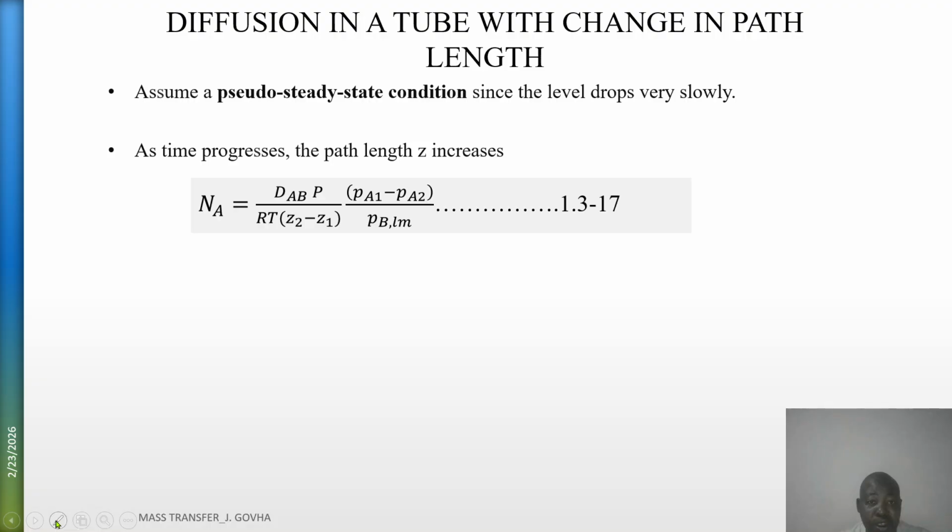So as time progresses, the path length z increases. We will have to use the equation that we derived when we were looking for the molar flux for unimolecular diffusion, since all other conditions are really the same.